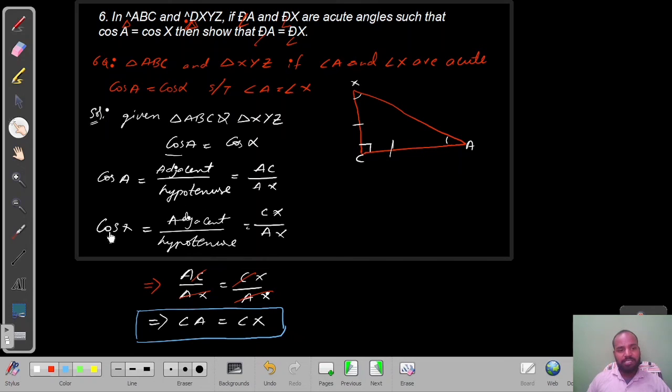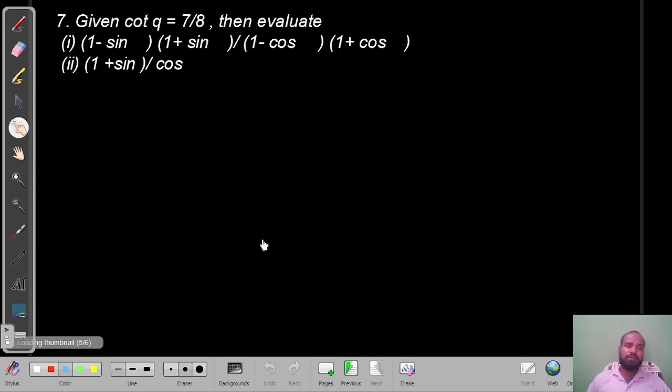So when we are asked cos X, we should refer to X. When he asks cos A, with reference to A only, we should refer. This is the final answer for this question. It is very clear, right? Nothing is there in this problem. So this is your sixth problem. Moving to the next problem.